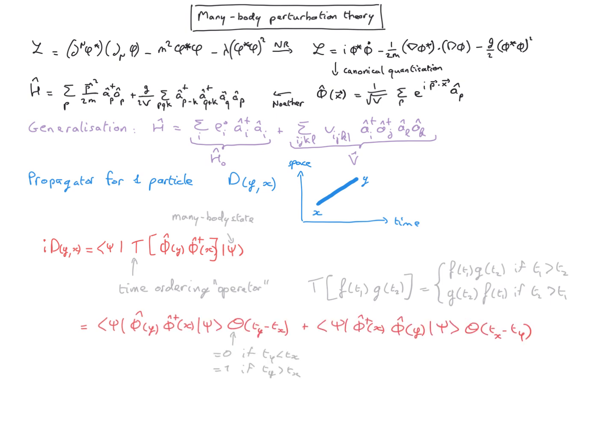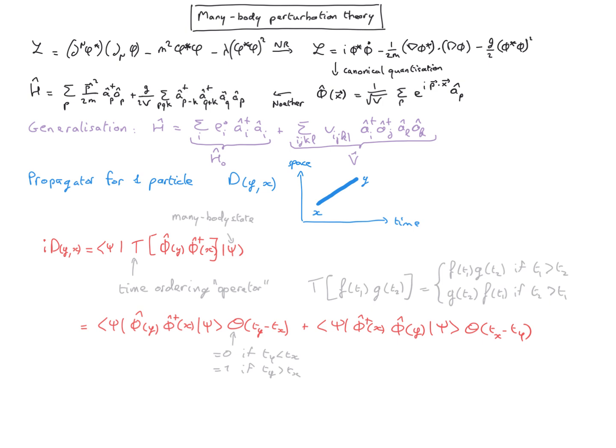We can rewrite the propagator using the step function in time, and that way we ensure that when ty is greater than tx, we have the creation in x and later on an annihilation in y. However, if tx is greater than ty, we have first an annihilation in y and then a creation in x. This object, the propagator for one particle, when interaction occurs, contains a lot of information.